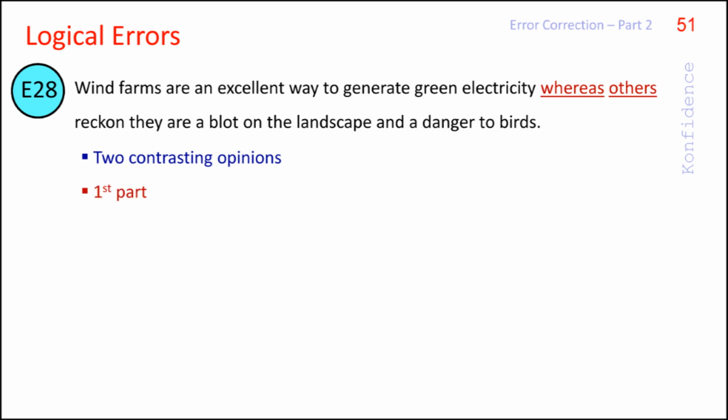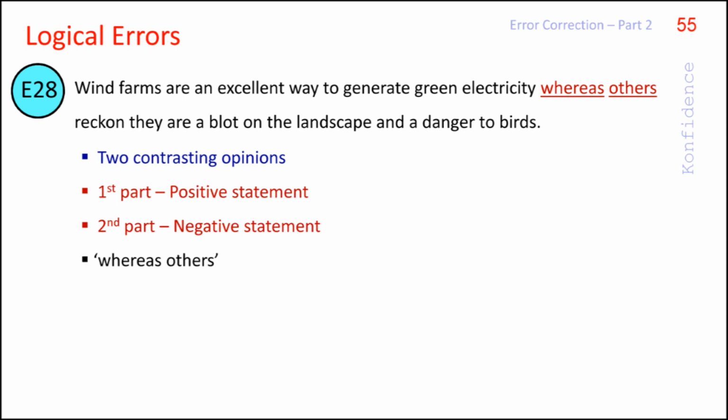The first part of the sentence is a clear positive statement about wind farms. In the second part, someone thinks against them. So there is a contradiction in the sentence. Look at the underlined words, whereas others. This usage makes the sentence illogical.